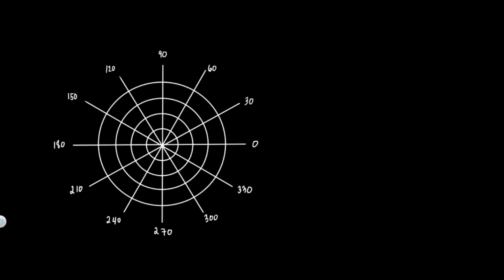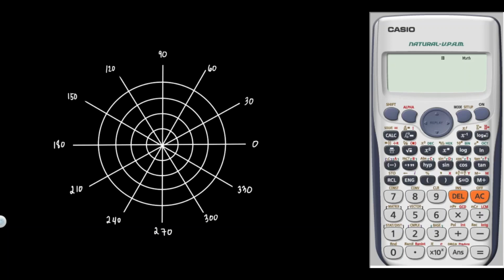And of course, the calculator. Or you can also plot it by substituting values from 0 to 360 degrees into r equals 1 minus sine theta: 0, 30, 60, it's up to you, or 0, 15, 30, 45, and so on. To make it quick, let's use mode 7, the table mode. The equation is 1 minus sine of x.